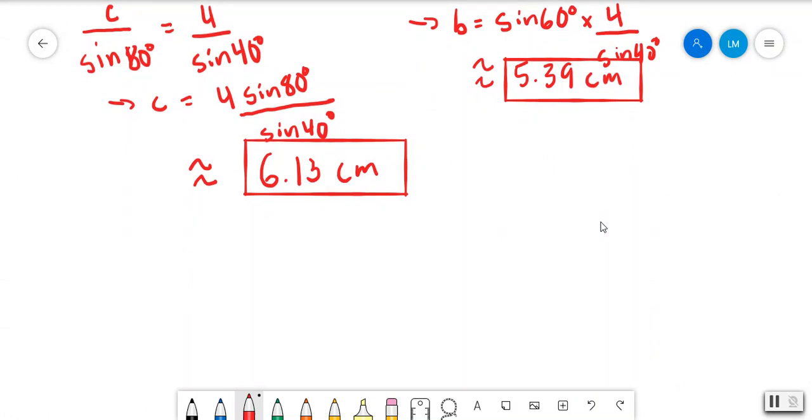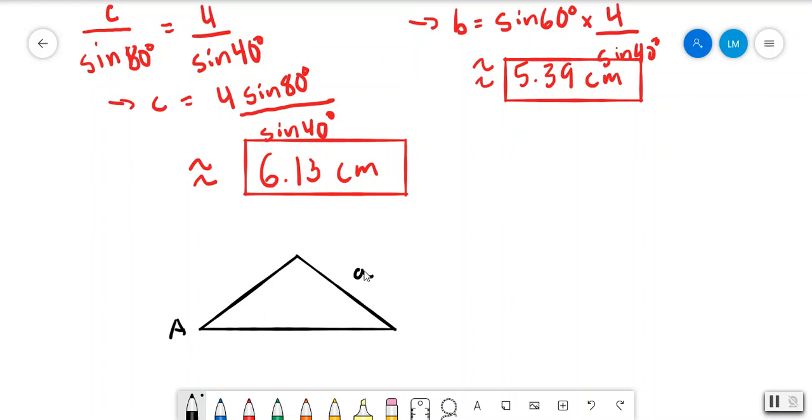Now we can actually go ahead and look at, for example, what if we just wanted to know, how exactly did we get the law of sines to begin with? Well, let's just think about it like this. Suppose that you have a triangle, and let's say that you had angle A, side a, angle B, side b, and then you have angle C, and then you have little c.